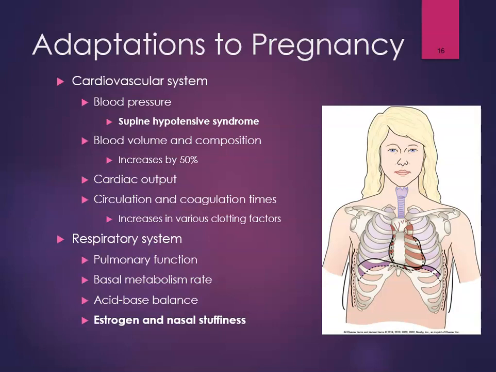So that's why a lot of pregnant women will get respiratory difficulties and things like that, because they are working in a system where they need more, but they have less room to do it in. In addition, I mentioned as far as with the estrogen, how it causes increased vascularization, and because of that, they get a lot more congestion, especially in their nasal area. They can get nosebleeds or epistaxis, so that can impair their respiratory effort as well.